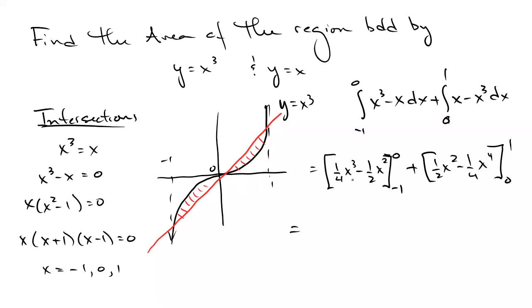When I evaluate these terms at 0, I'm going to have 0. But when I subtract off these two terms evaluated at -1, oh boy, this should be a 4th here. My apologies. When I evaluate these at -1, I end up with 1/4 times (-1) to the 4th minus 1/2 times (-1) to the second.